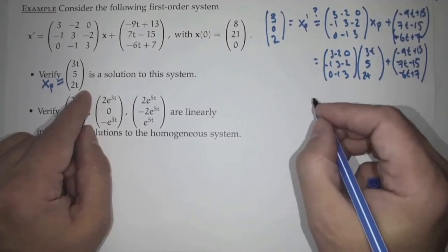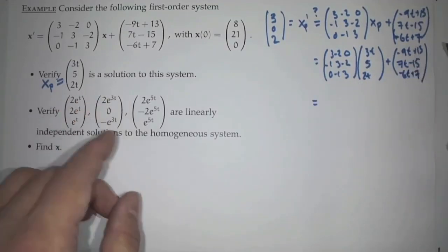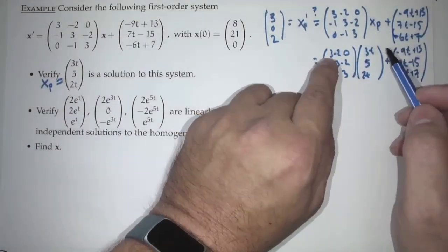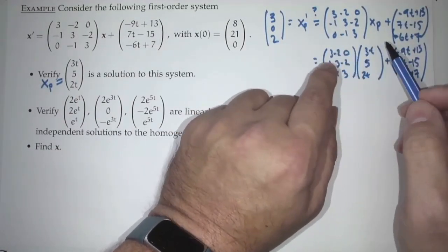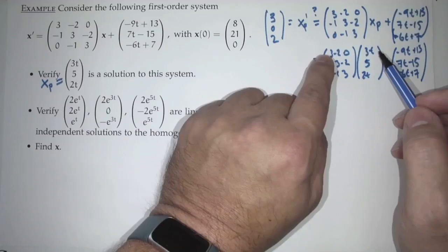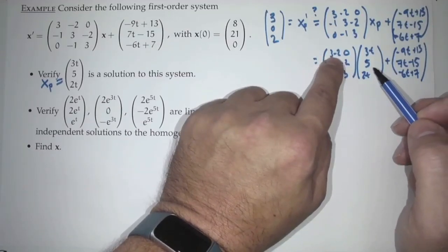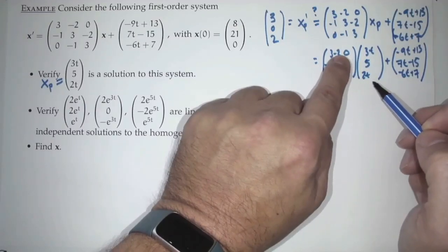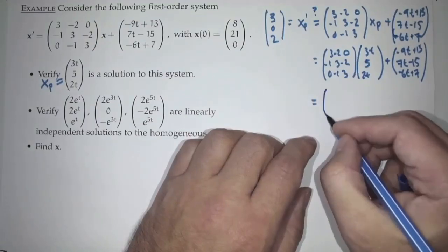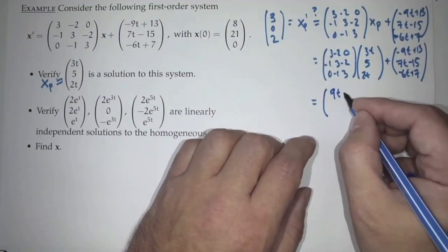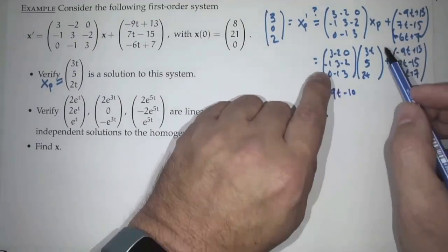All right. So let's work it through. We're going to do some multiplication here. 3 times 3t, 9t, minus 2 times 5, minus 10. 0 times 2t, 0. So we have 9t minus 10. That's the first entry.